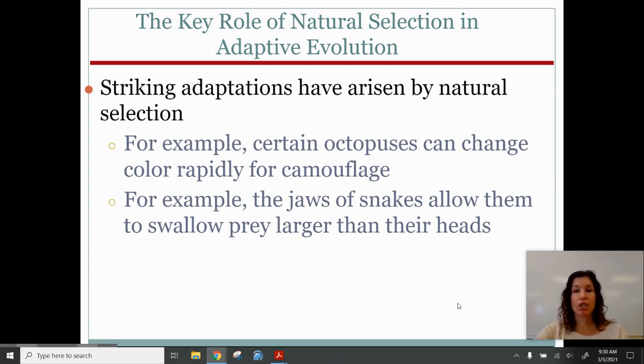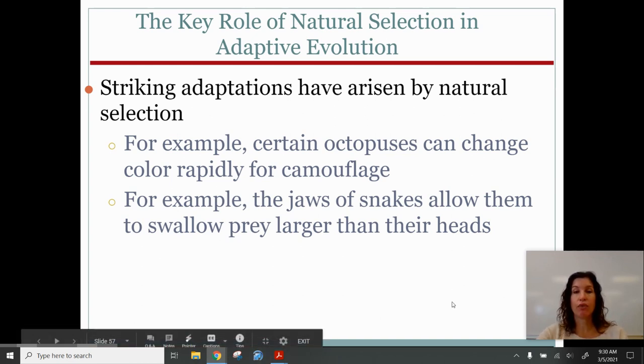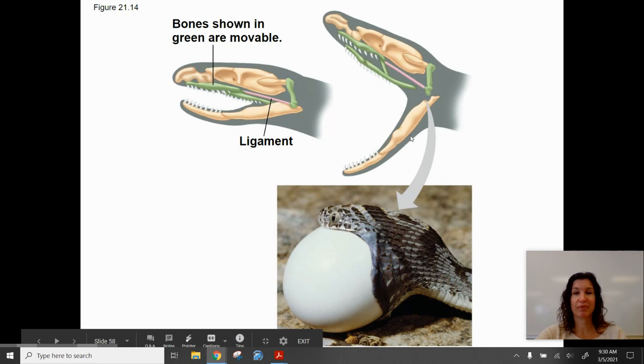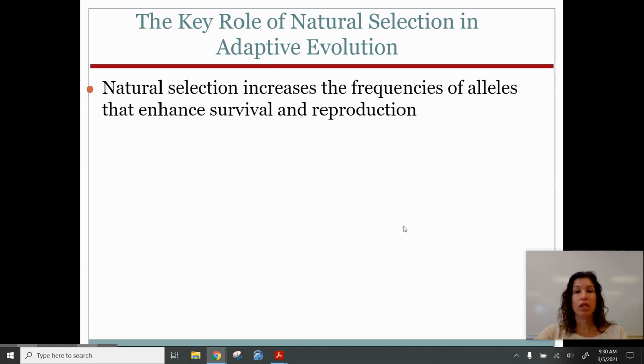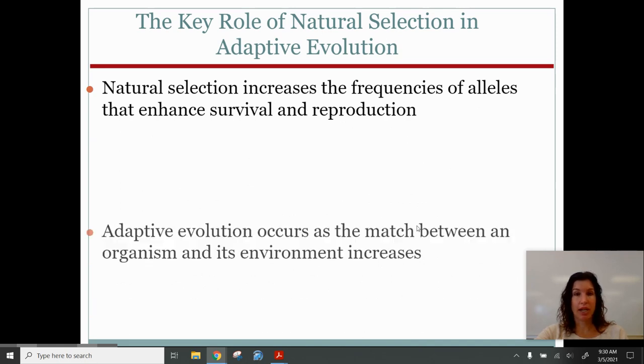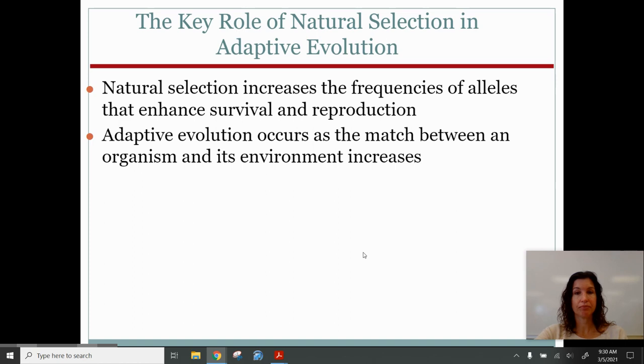All right, striking adaptations have arisen by natural selection. For example, certain octopus can change color rapidly for camouflage, or the jaws of snakes allow them to swallow prey larger than their heads. Kind of crazy how they have developed that trait. Natural selection increases the frequency of alleles that enhance survival and reproduction.